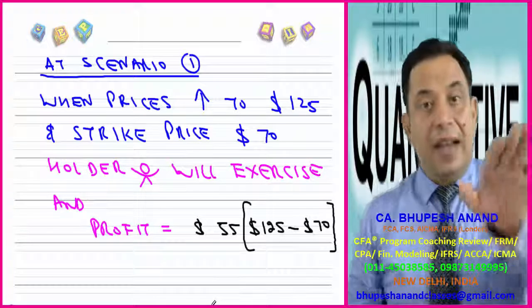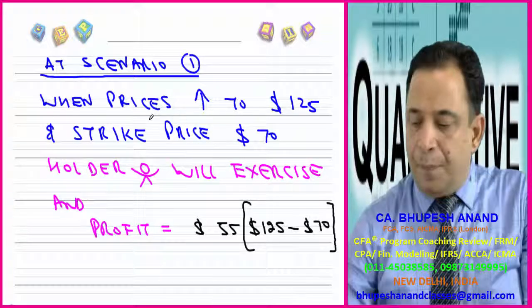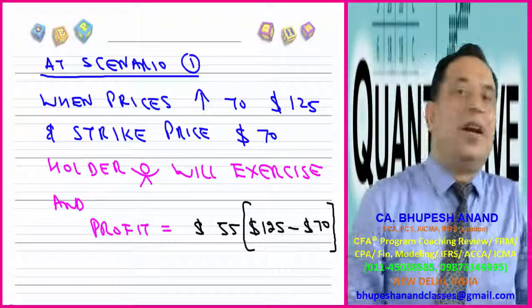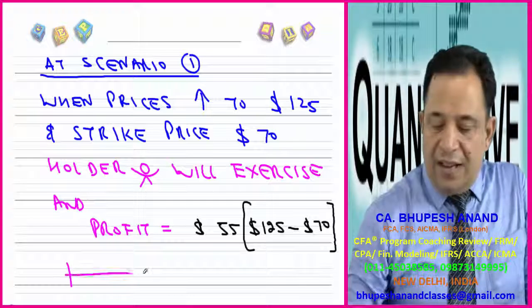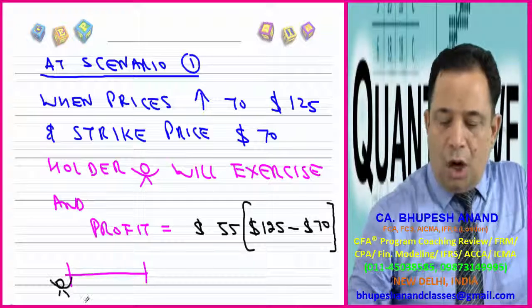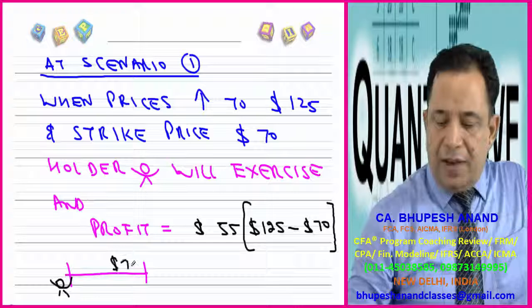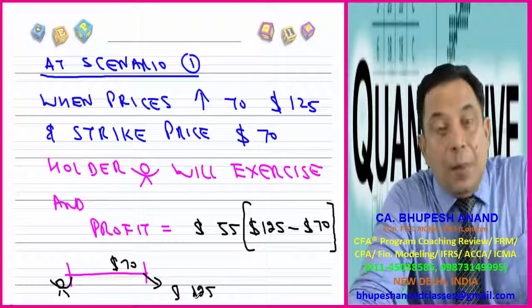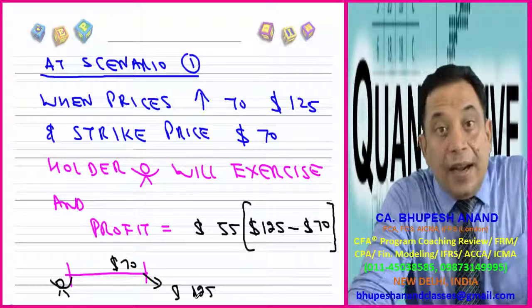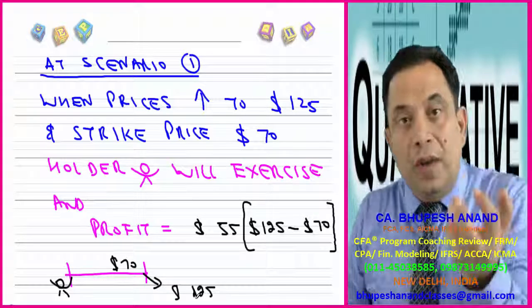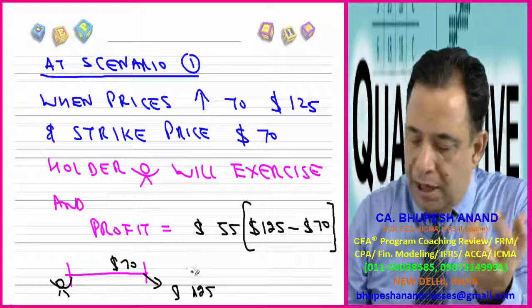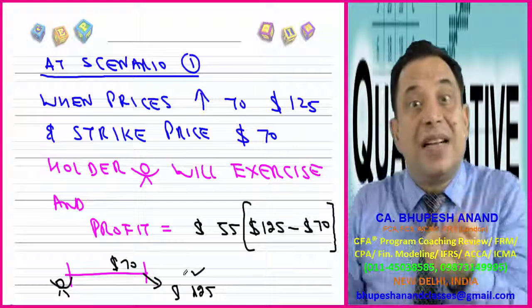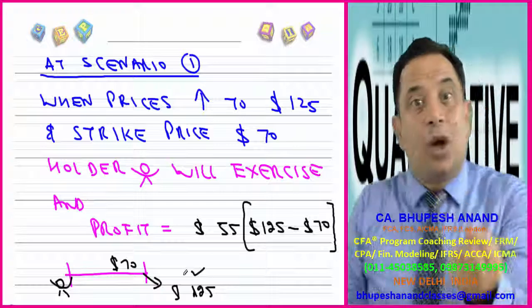Now just listen to me, when price increases to 125 and the strike price is $70. If you are a call holder, if the strike price is $70 and the price here is $125, whether you will buy it from the market or from the writer, it is important that you will buy from the writer, because you will have a profit of $55, because the same asset is available at $125 in the market.